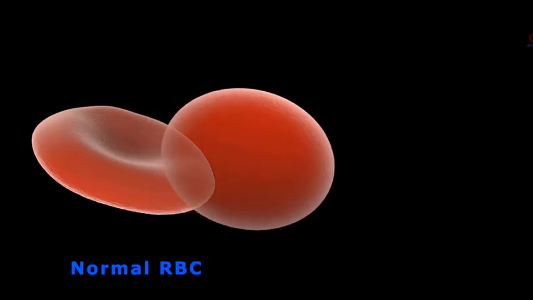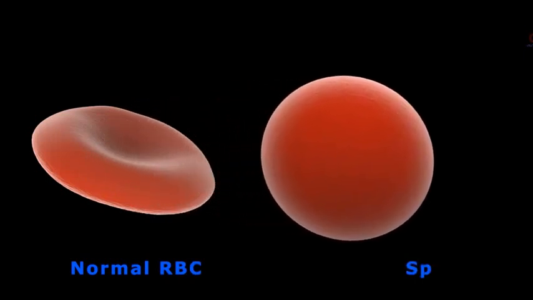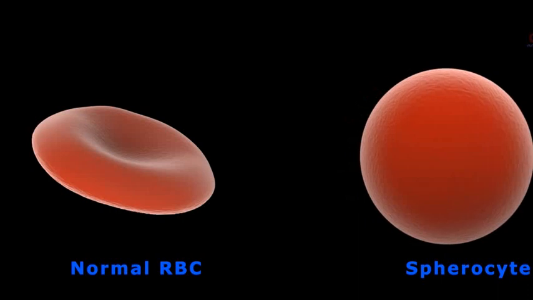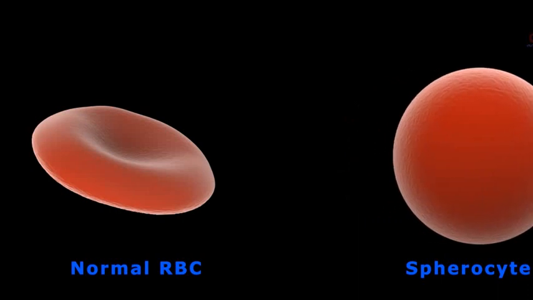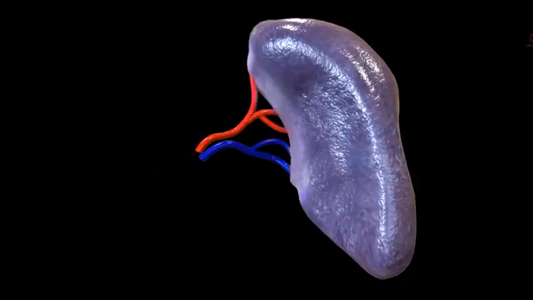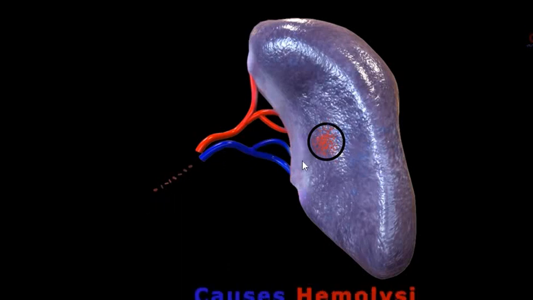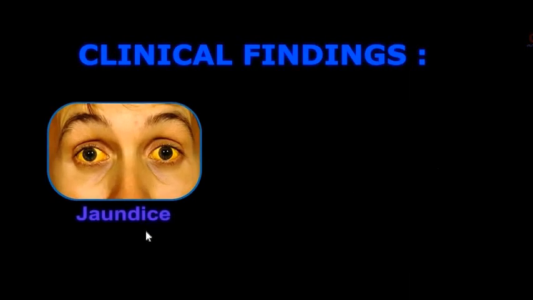This is a normal RBC again, and this is a spherocyte. You see there are round cells. Spherocytes get trapped here, but the normal RBCs come out, and these spherocytes are engulfed by the splenic macrophages, causing hemolysis.